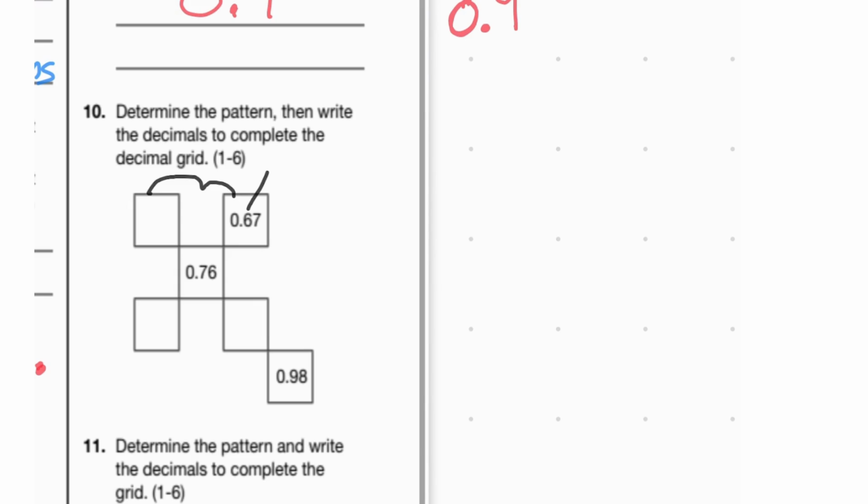So it's going to go 0 point, this would be in the eighths, this would be in the sevenths, and this is going to be in the sixths. So we know that this is 6/8, this is 7/8, this is 8/8 because then this last one is 0.98.